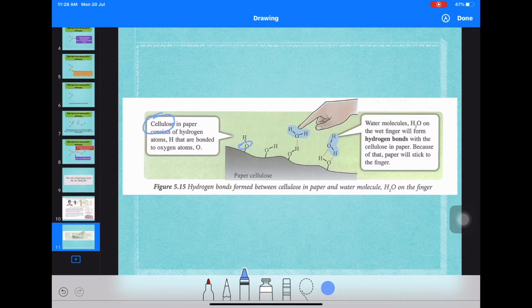This hydrogen is able to form hydrogen bonds with water molecules. When we lick our finger, there will be water molecules here. The water molecules will form hydrogen bonds with hydrogen from the cellulose of the paper. Because of that, paper will stick to the finger.